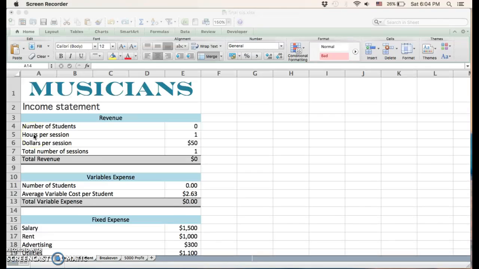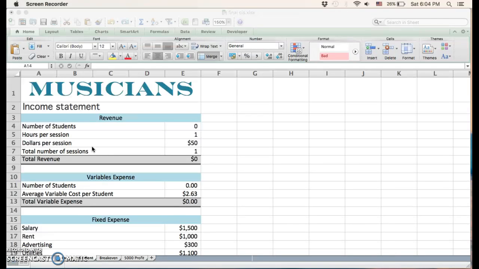Each session is one on one for 1 hour, and the students pay $50 per session. So we have hours per session, 1, dollars per session, 50, and total number of sessions, 1. We are assuming that every student who comes here will only come for one lesson and never come back.